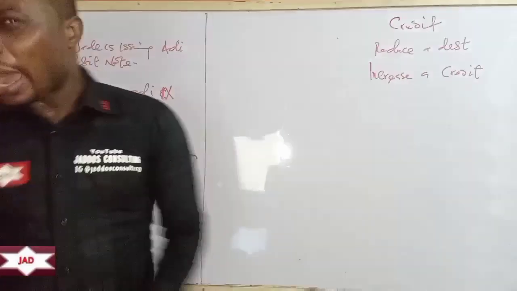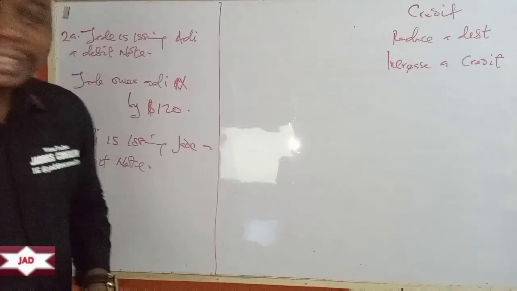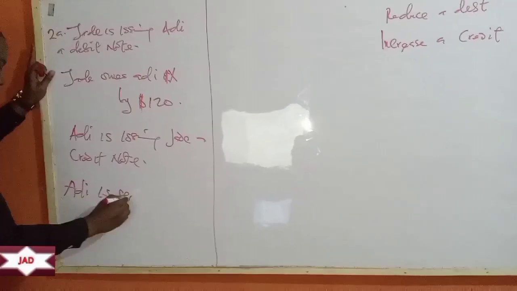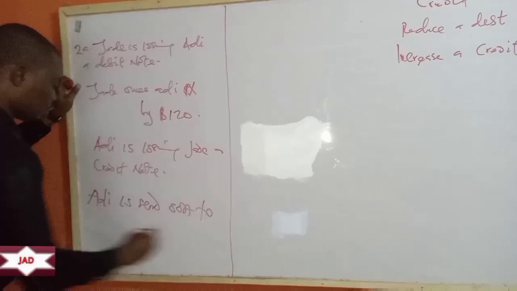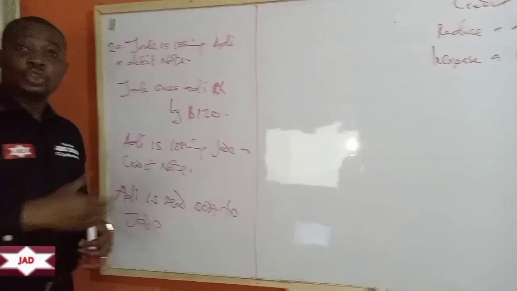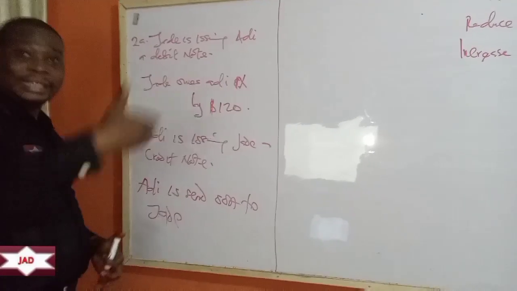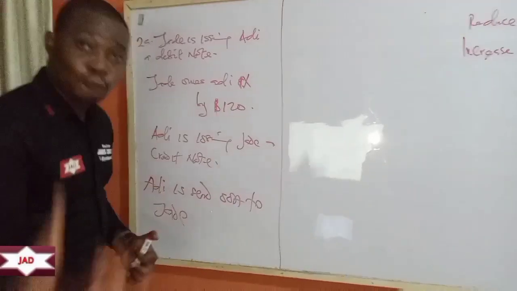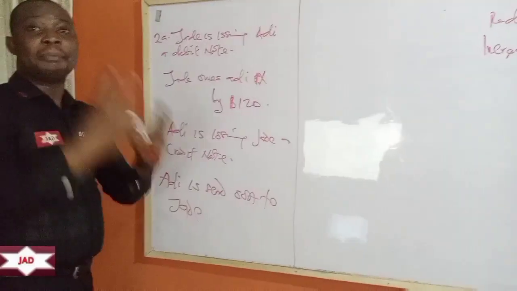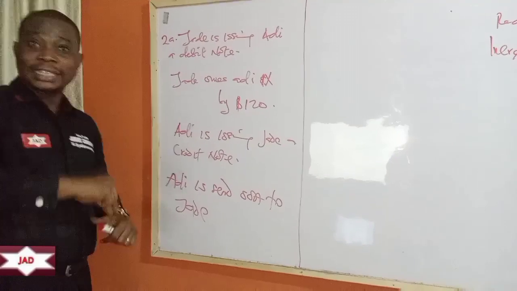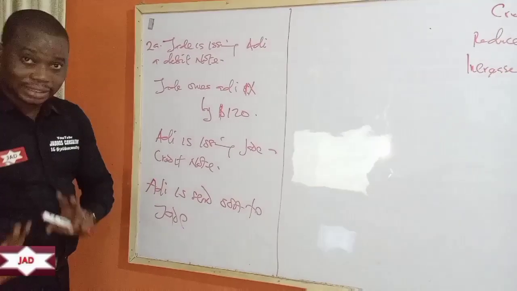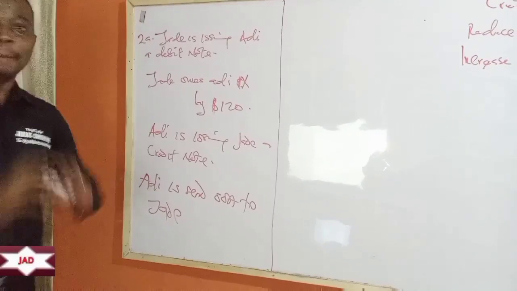So Adi is sending a statement of account to Jade. The reason is to make Jade aware of the details of the transactions between them, stating the amount Jade is owing at that point in time. You have to understand that based on this question.